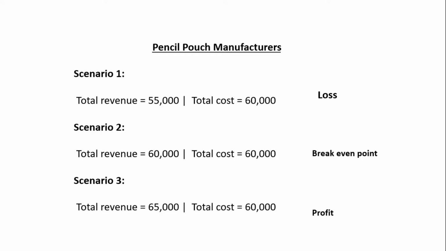Wow. And that is known as the break-even point. At that level, the firm is breaking even. And in scenario 3, the total revenue is 65,000 and the total cost is 60,000. So they earn a profit of 5,000 because the revenue is higher than the cost.